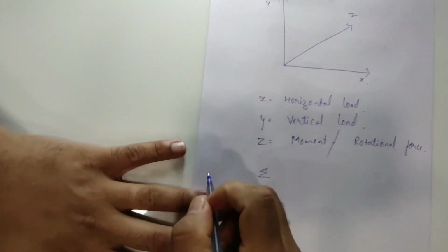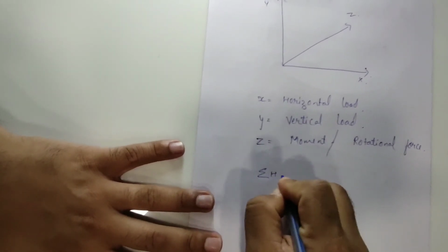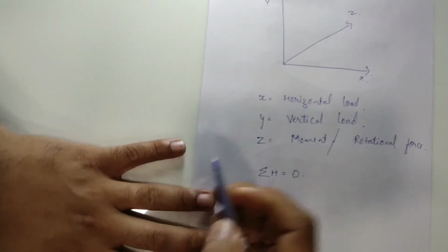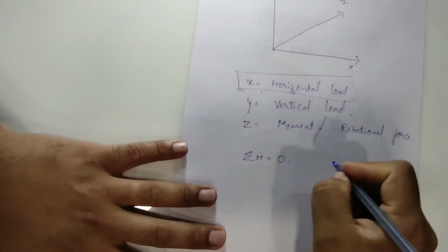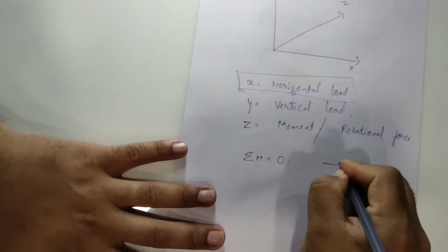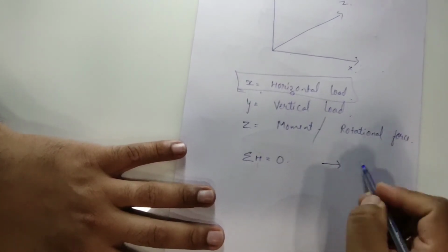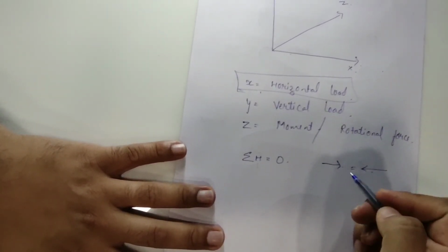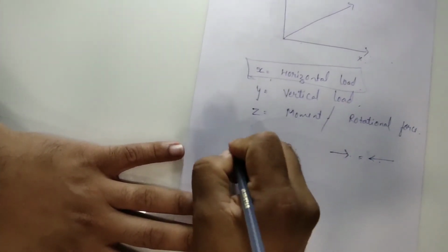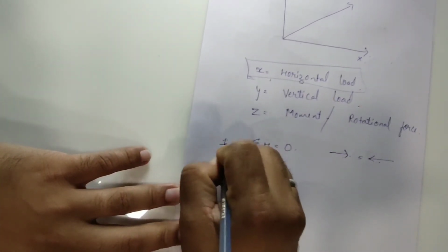Summation of horizontal forces is equal to 0, like your x-axis, means the total load coming from right to left is equal to the total load coming from left to right. This is our first equilibrium condition.